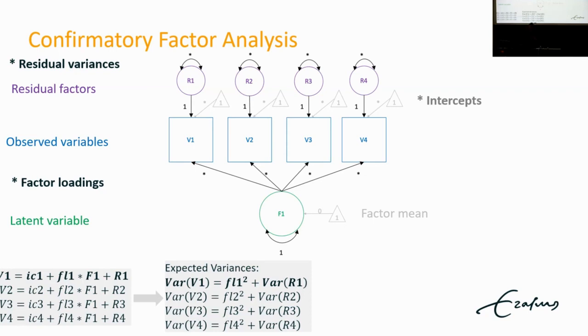So for example, the variance of variable 1, the variance in that particular item, it can be the guilty item, is influenced by the factor loading, so how strongly this item is related to the latent variable, times the variance of factor 1, which is 1 in this specification, times the factor loading again. So it's the factor loading squared.